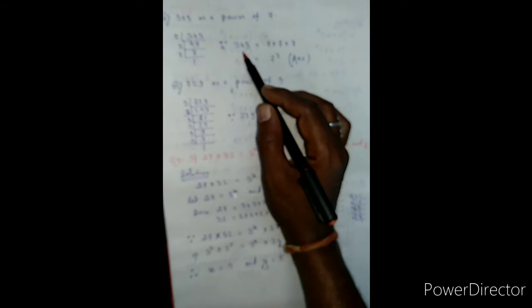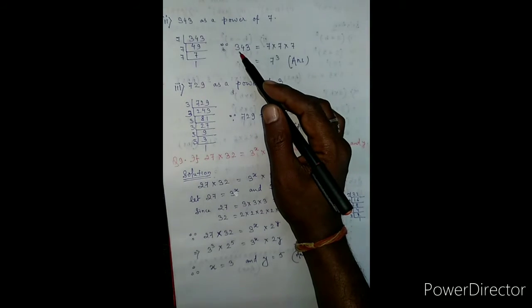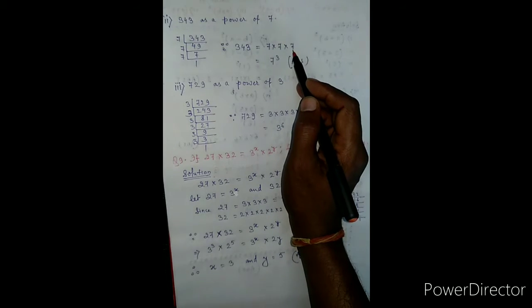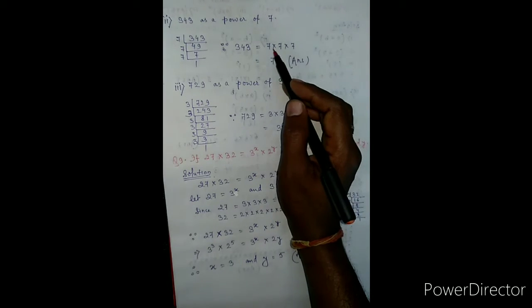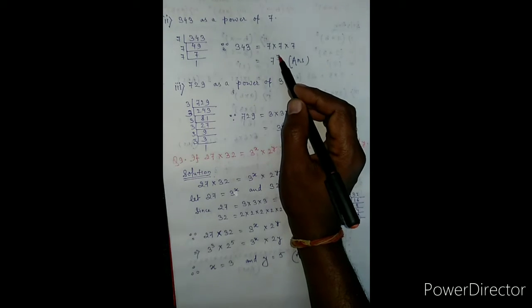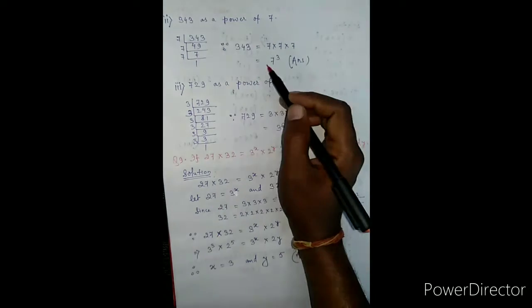So we can say the factors of 343 is 7 into 7 into 7. 7 is the common, so we will make it base 7 and 3 times 7 is appearing, so power is 3. So this is the answer for this question.